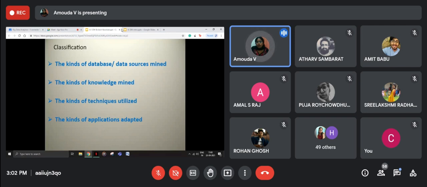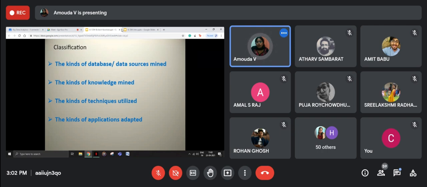See the way we are going? Classification: how you go from one step to the final step. First, you should concentrate on the kinds of database or data source mined. Then the kinds of knowledge.